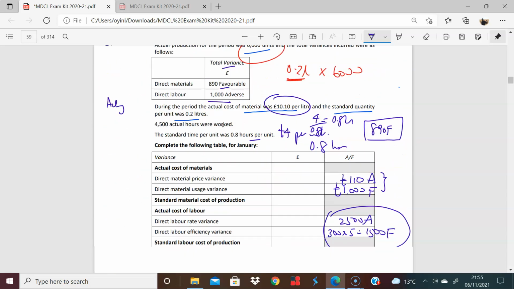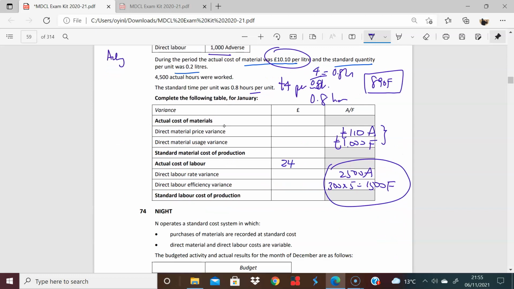That was 24. Oh, sorry, this was 24, and this was 25. I calculated that earlier on, right? That was 25, and this was 24 because I know the difference is 1,000.